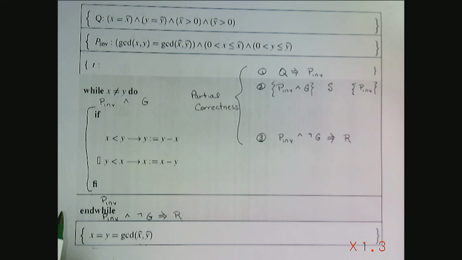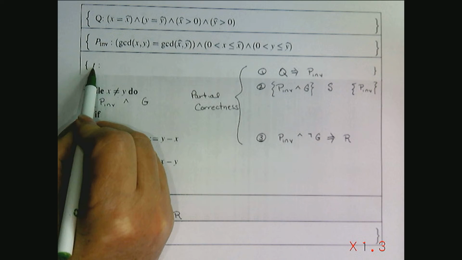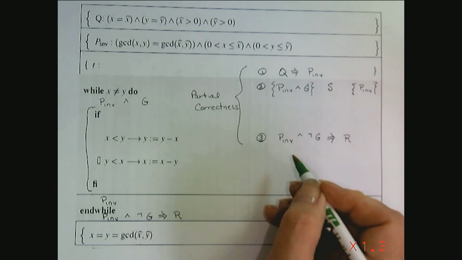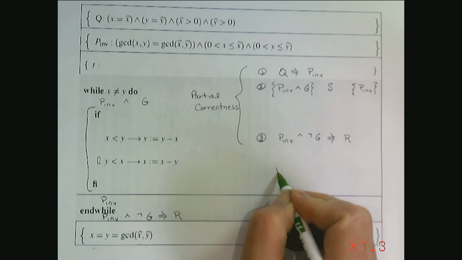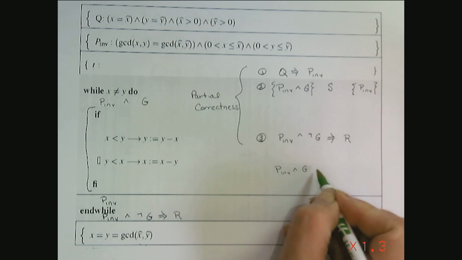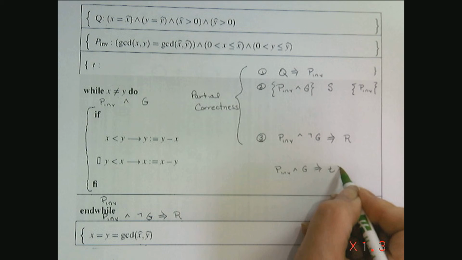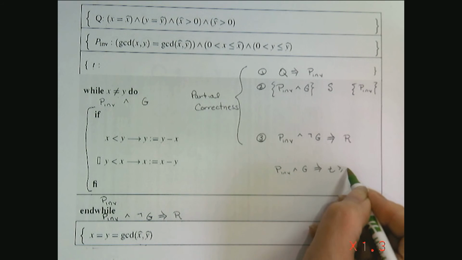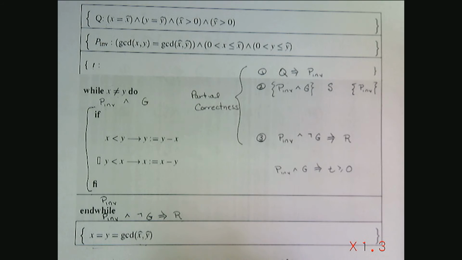In order to do that, I need to find a bound function t, which satisfies that while we're iterating, which means the invariant holds and the guard for the loop holds, this bound function always takes on values that are bounded below by 0.